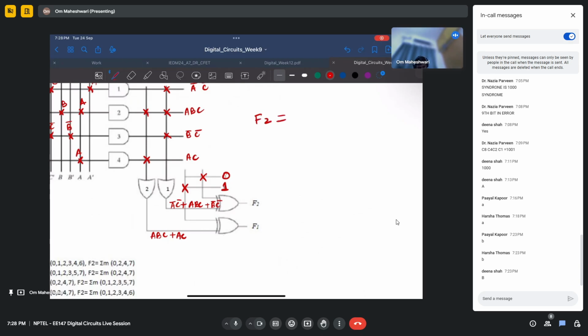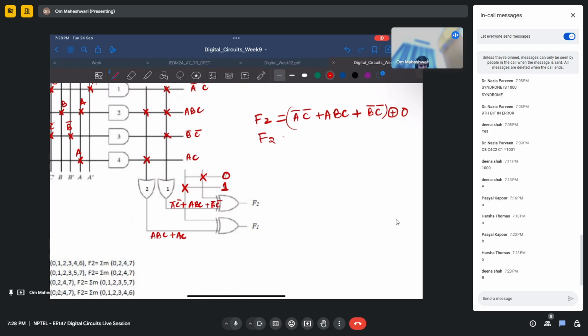F2 is A bar, C bar plus ABC plus B bar, C bar XOR with 0.